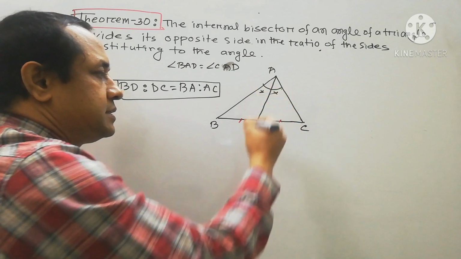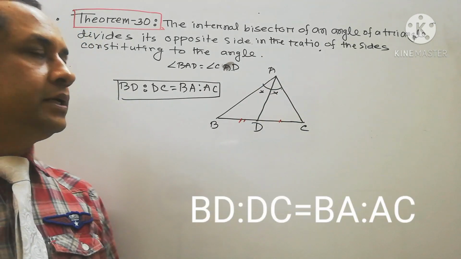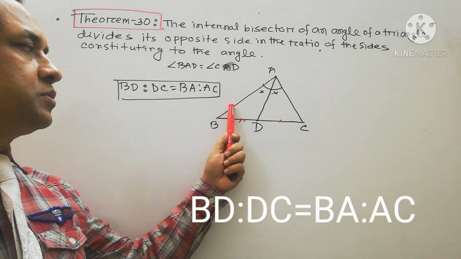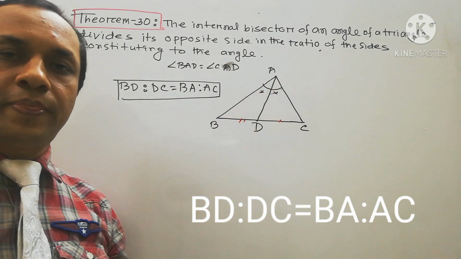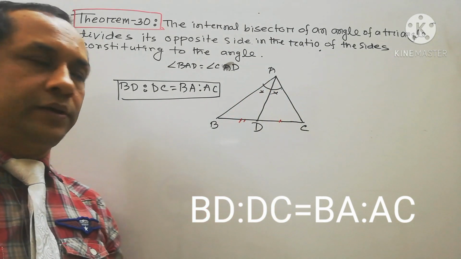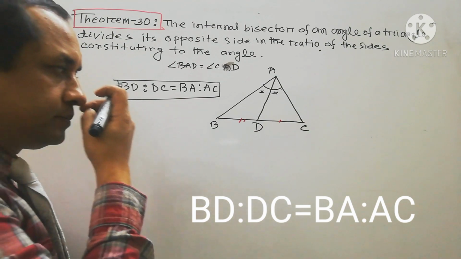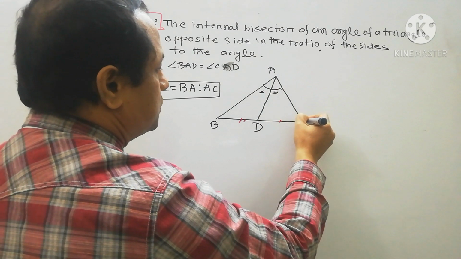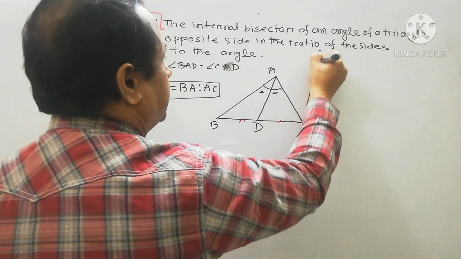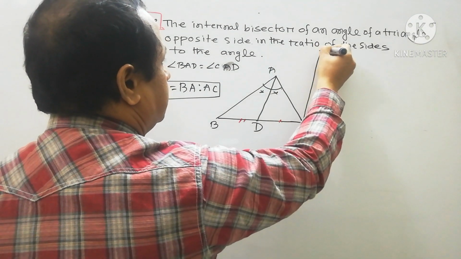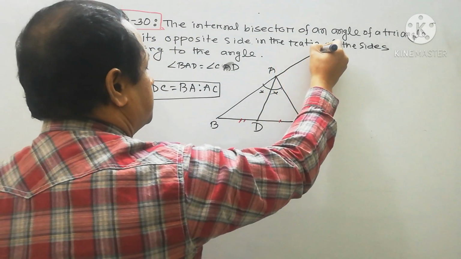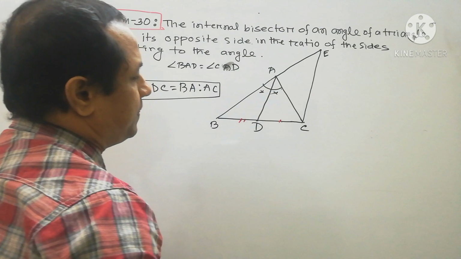This angle and this angle are equal. It is required to prove that BD is to DC equals BA is to CA. Now, construction: we draw DA parallel to CE, and BA produced up to E.